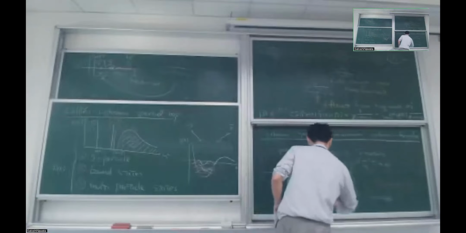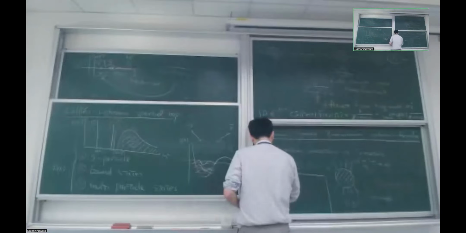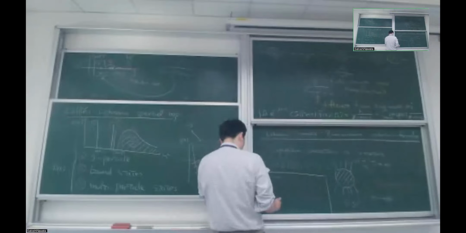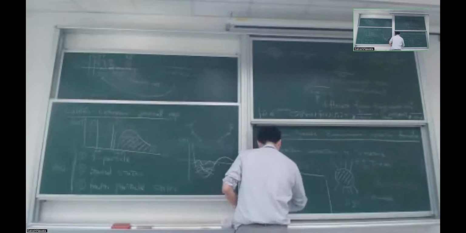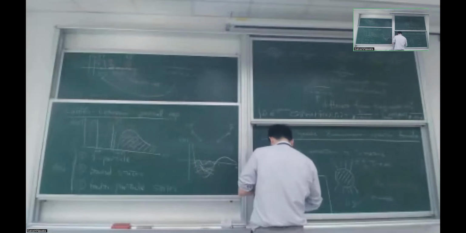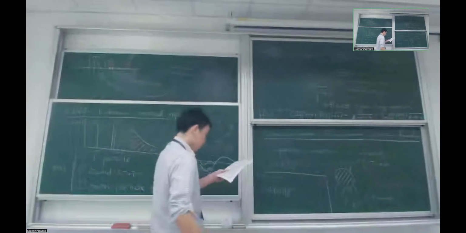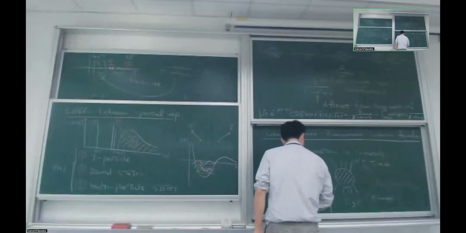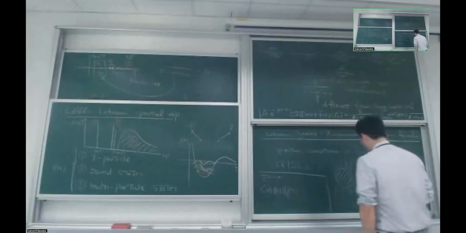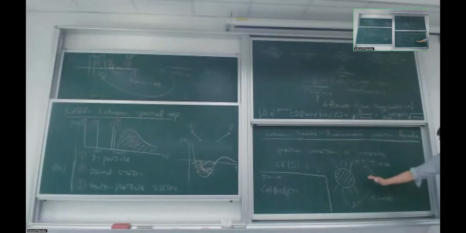When t goes to minus infinity, and when you consider the field phi of x, at future infinity and past infinity the field can be treated as a free state.